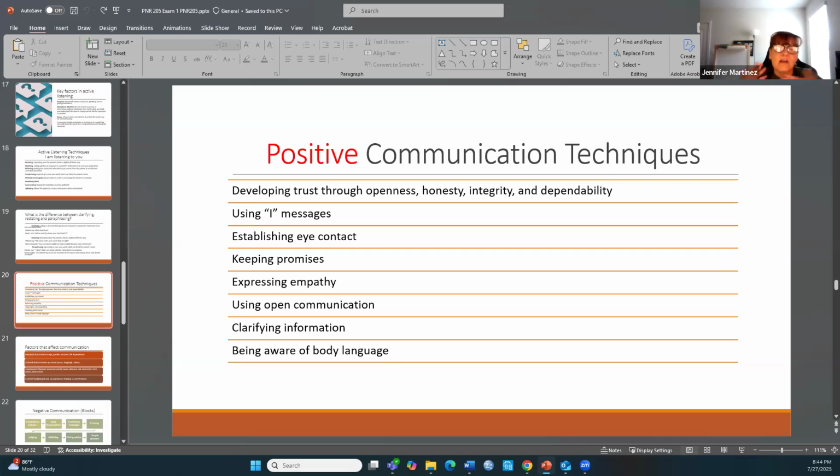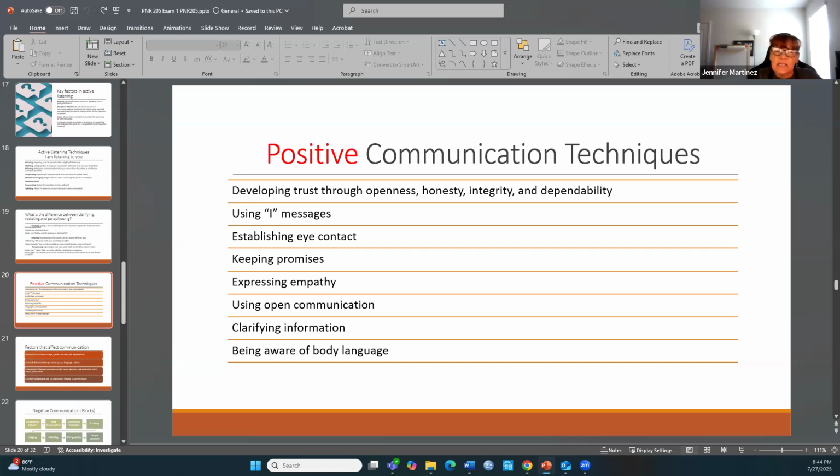Establishing eye contact is absolutely necessary, as it helps to promote trust. We do have to take into consideration cultural differences with eye contact as well, but we do establish eye contact.